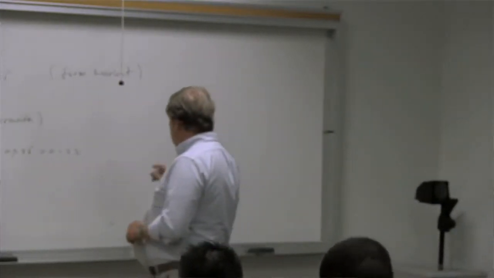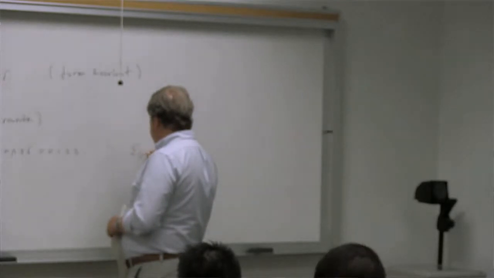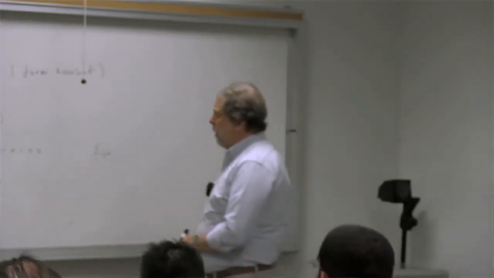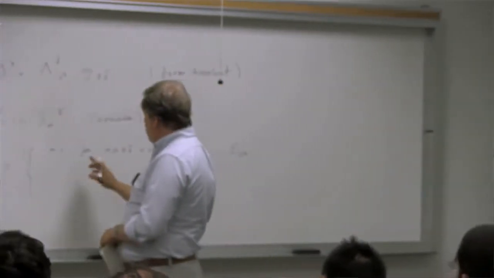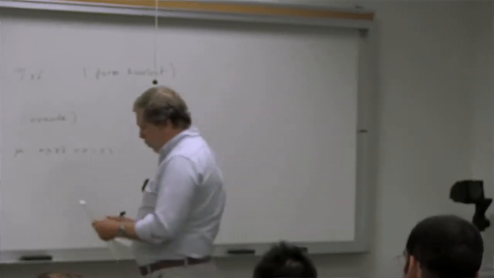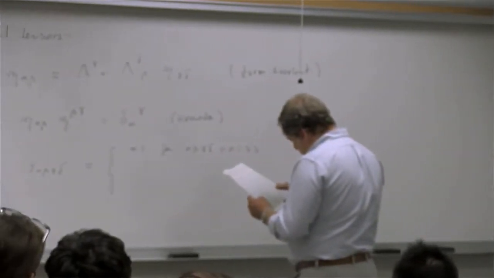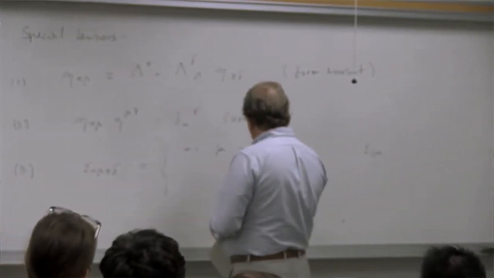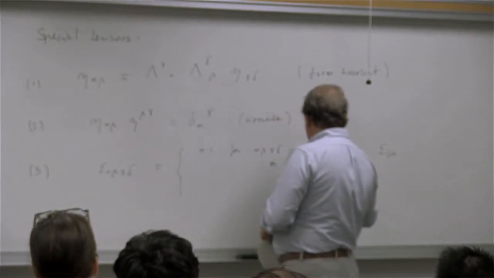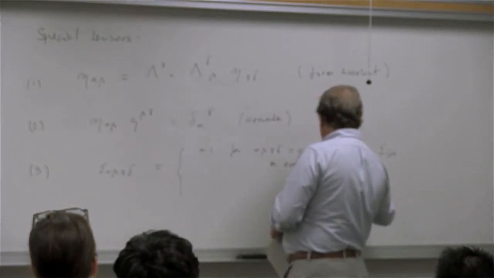Normally, what you're familiar with is epsilon ijk. It is +1 if the indices are in the canonical order, or an even permutation of indices.